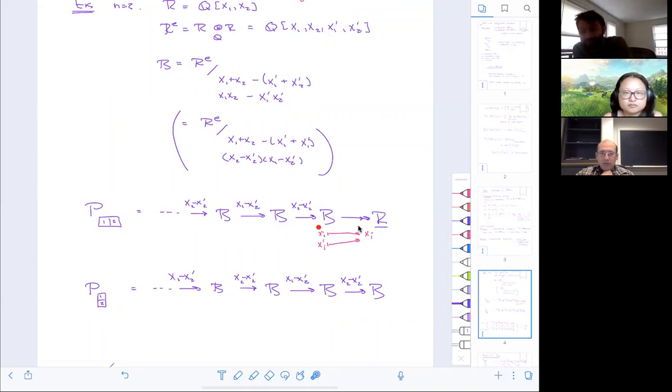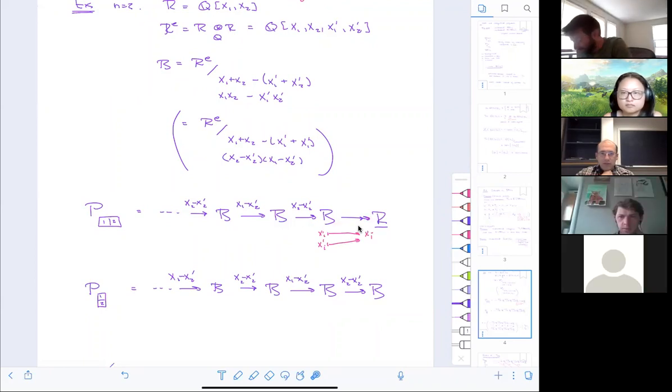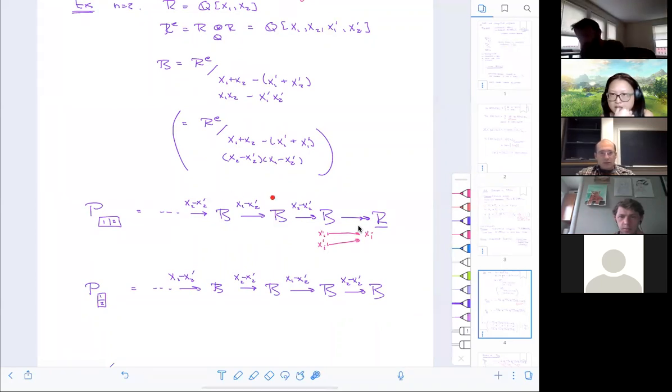That implies that this composition of differentials is 0. x2 minus x2 prime, if you follow it with this projection, becomes 0. x1 minus x2 prime followed by x2 minus x2 prime is 0 when acting on B. And so d squared is 0 here, and so on.